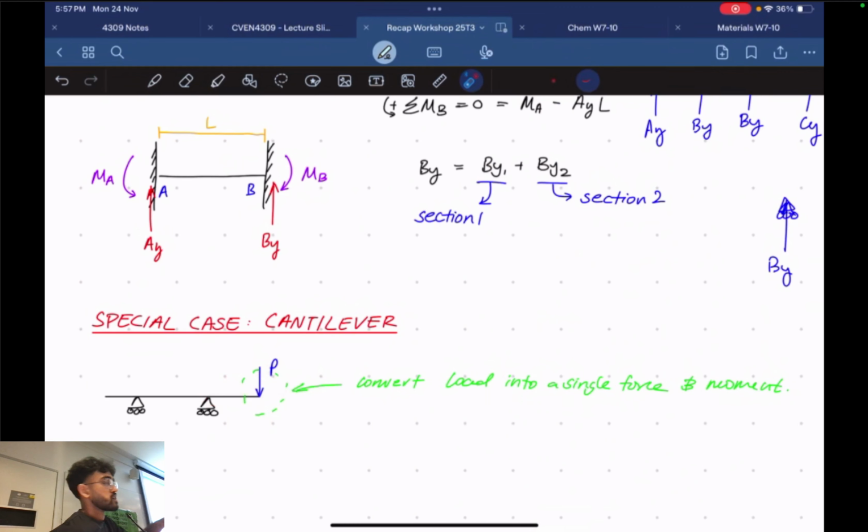It causes a moment, because this is your cantilever member. Like, it's going to turn. That moment is just force times distance, so P times this distance here. So you're going to convert that into a moment, and you're going to move that force to that point. We don't really work with cantilevers. We just end it off here, and it becomes like a fixed end.